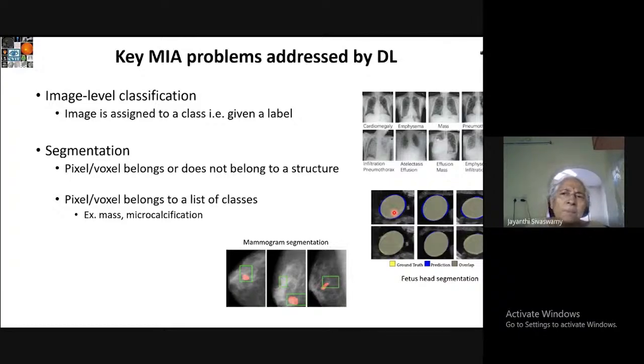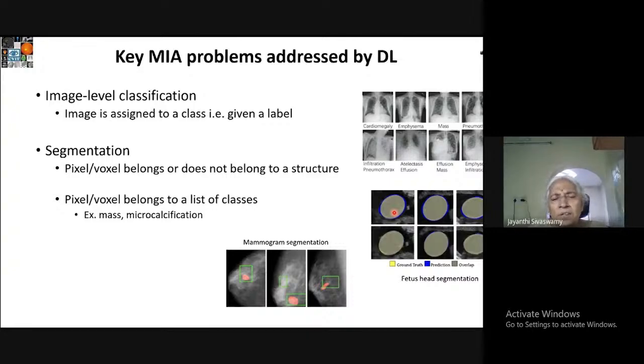Now, what about multi-class? We can do that also. So if I go back to my earlier example, namely mammogram, you can classify each pixel, because mammogram is 2D, as belonging to the mass class, a microcalcification class, or a normal class. So this is a 3-class problem.